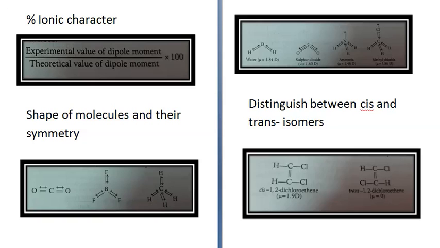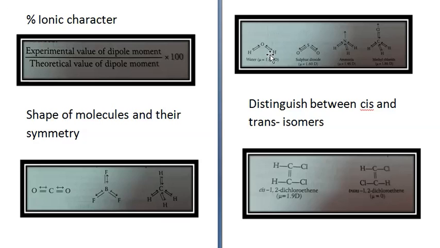In molecules where there are 3 or more atoms or 2 or more polar bonds, if the dipole moment is not 0, it implies that the shape of the molecule is unsymmetrical. Like if you take water, water has oxygen and then hydrogen on both sides.